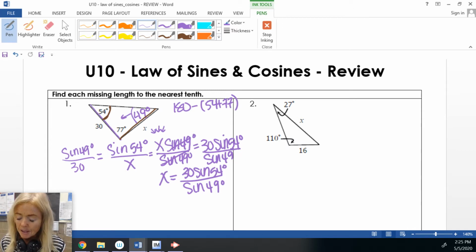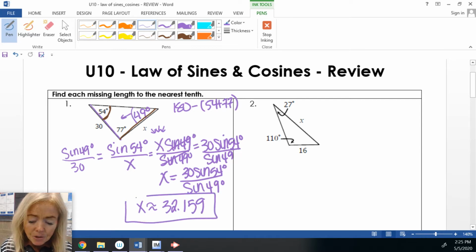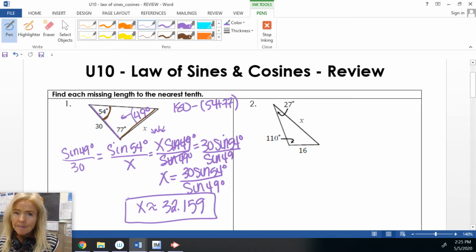So you just take 30, use your N over D button so you have a fraction. And then on the top of the fraction, 30 times the sine of 54, finish off your parenthesis over sine 49. All right, that's going to be your least bet for making mistakes. X is approximately 32.159. Okay, and it's a side measure, so it's just in units. We'll just leave it like that.